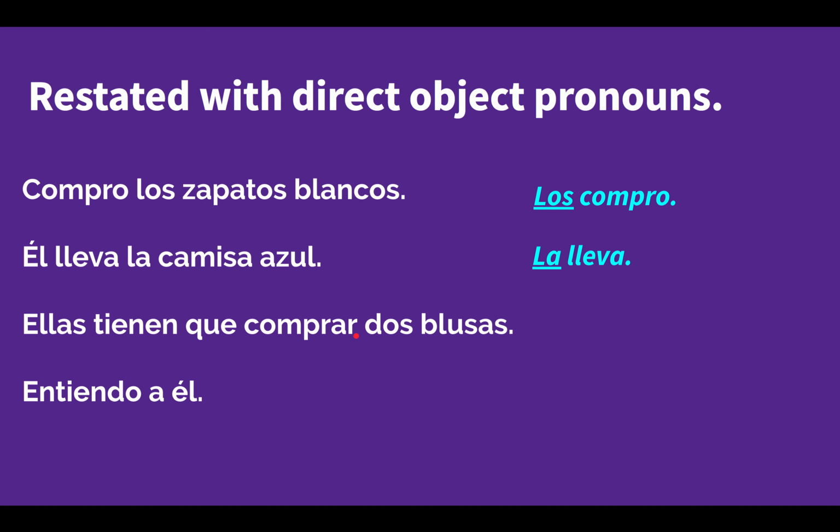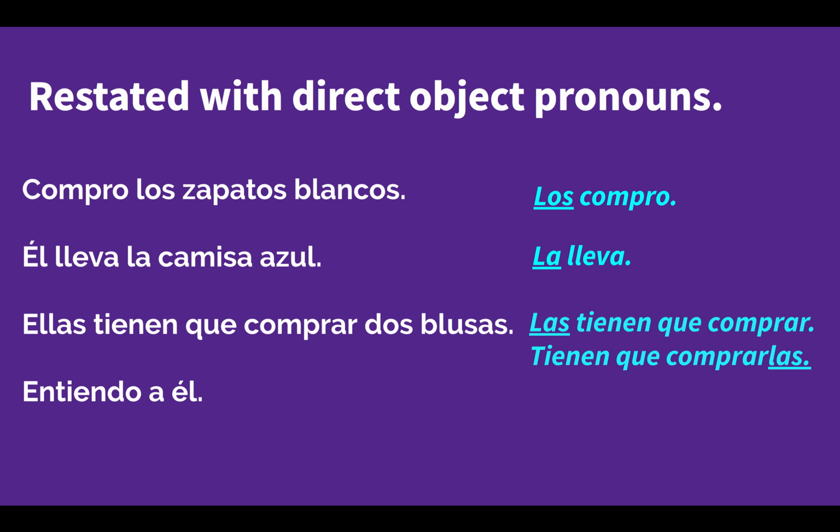And the infinitive in this sentence is comprar. So we can either say, las tienen que comprar, or tienen que comprarlas. And if you want to include the ellas, you could also include ellas las tienen que comprar, or ellas tienen que comprarlas. The last sentence says, entiendo a él. Our direct object pronoun is singular masculine, so it's lo, and we get lo entiendo.